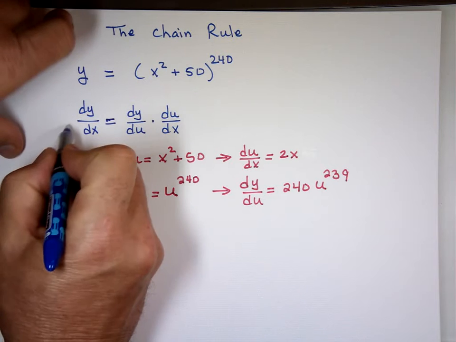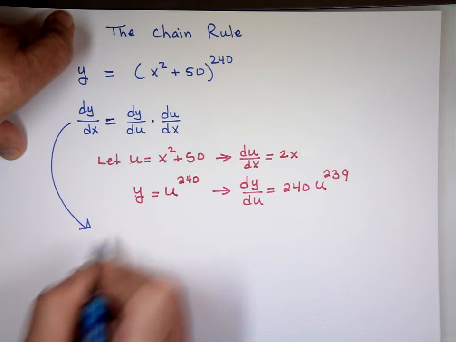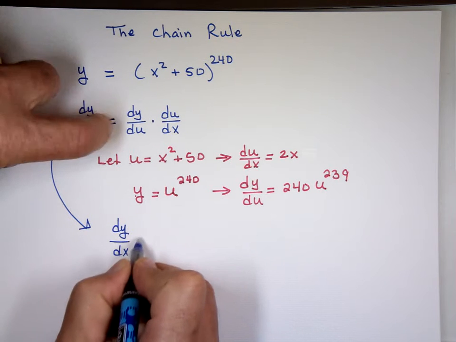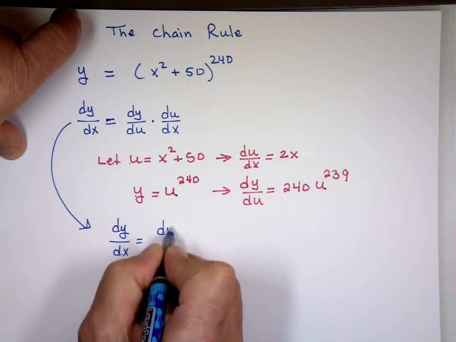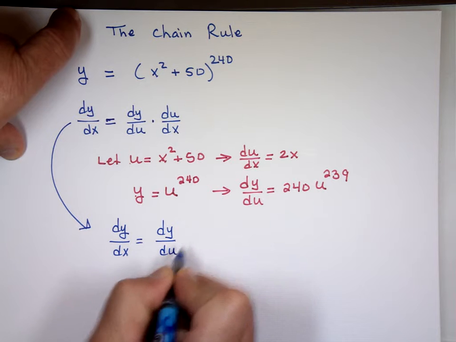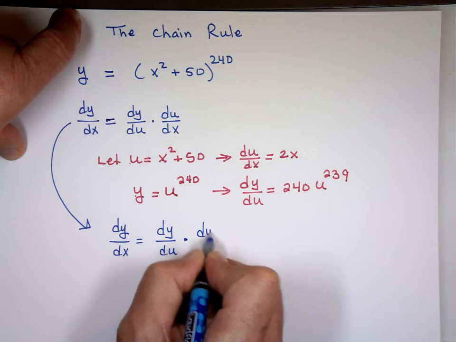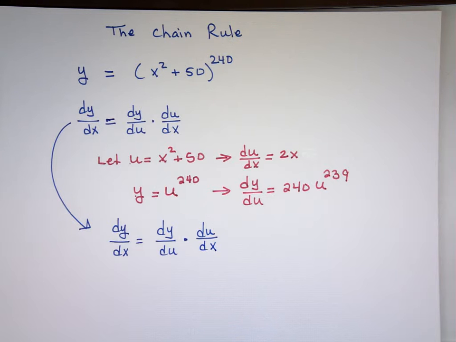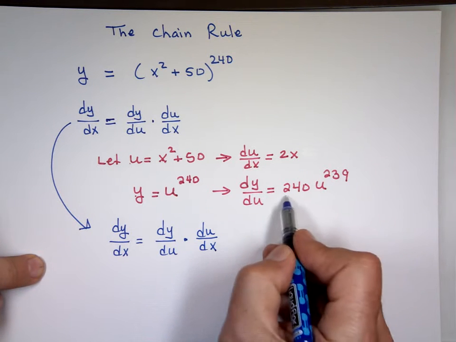Now you want to find dy/dx. This one says it's dy/du times du/dx. What is dy/du? It's right here, you see it?